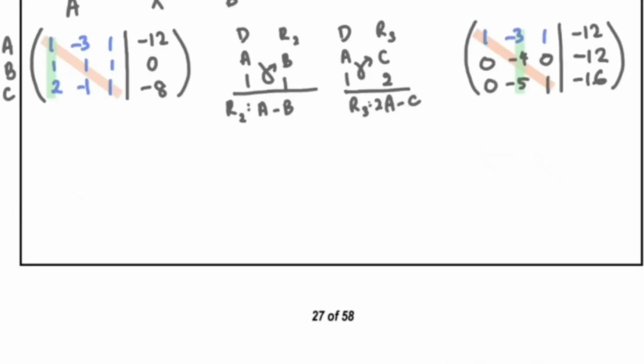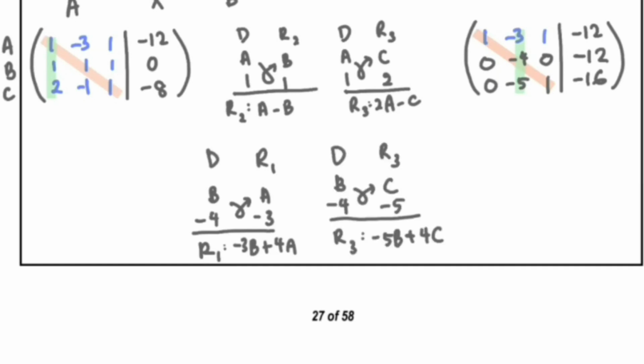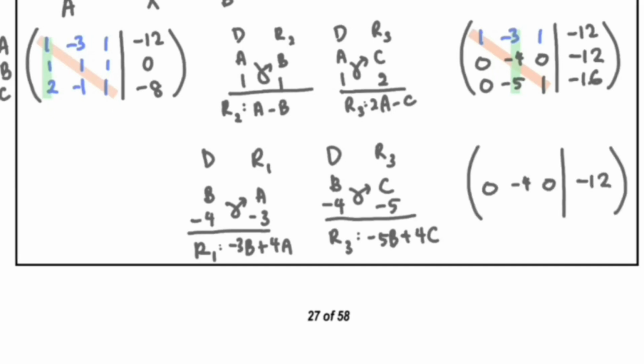Okay, next untuk operation kita akan buat D dengan R1, lepas tu D dengan R3. R2 saya salin siap-siap. So kita kira dulu row pertama, and then kira row ketiga.